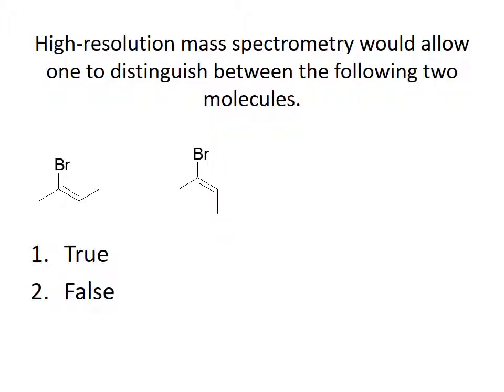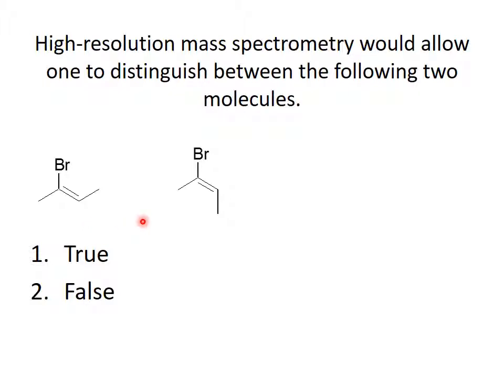High resolution mass spec would allow one to distinguish between the following two molecules, yes or no? Well, if we look at these two molecules, they have the exact same formula. They are EZ isomers.